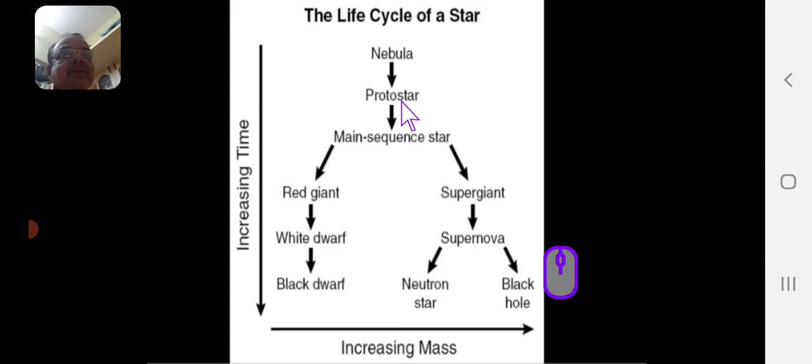The stars from the protostar stage move on to become main sequence stars, as we know from the HR diagram.